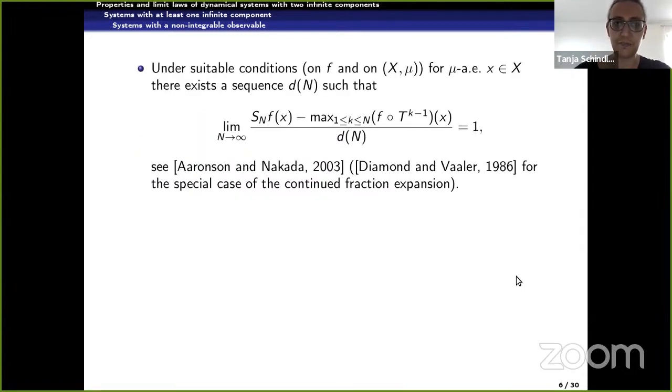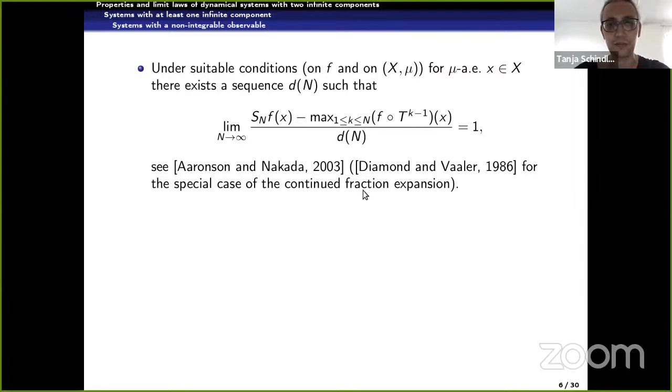However, under suitable conditions on the function f, we can get a trimmed strong law, meaning that if we, for instance, remove the maximal entry of the Birkhoff sum, then the remaining sum behaves asymptotically like a constant.